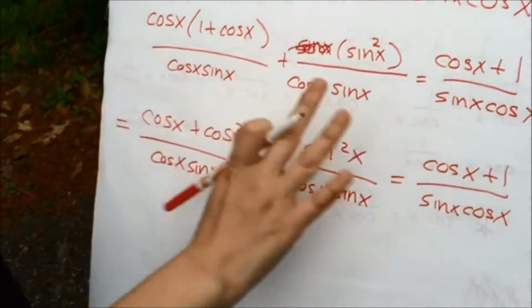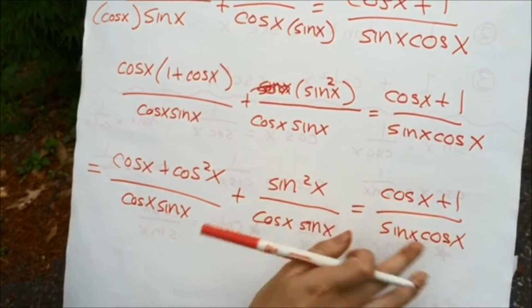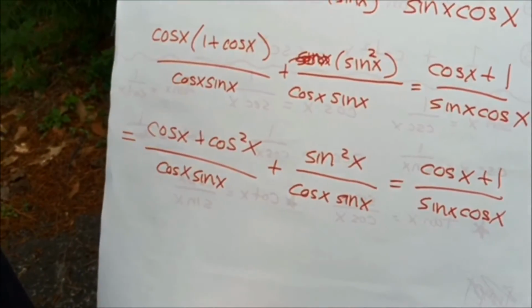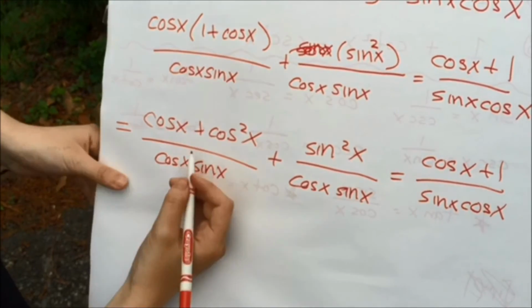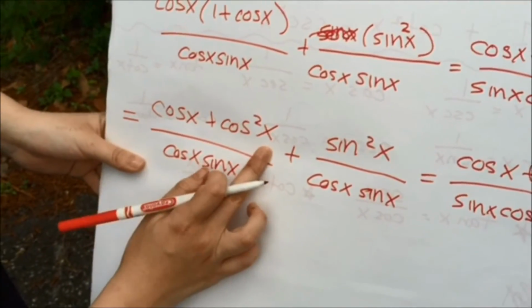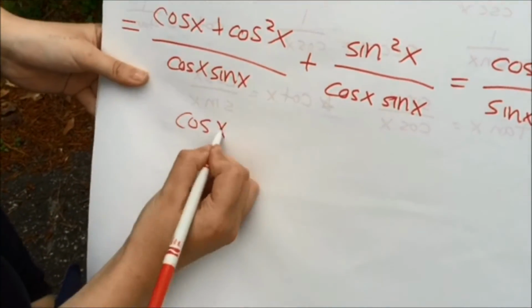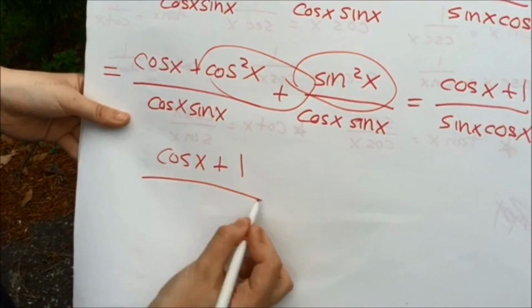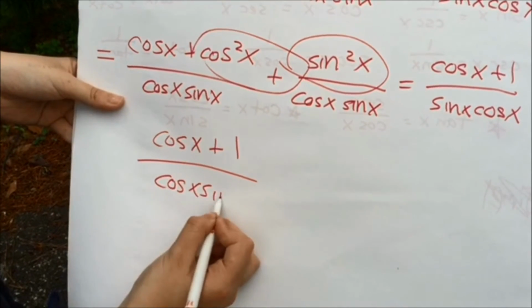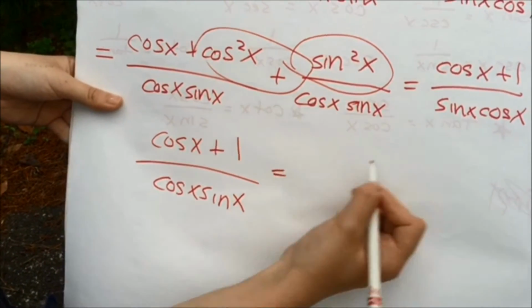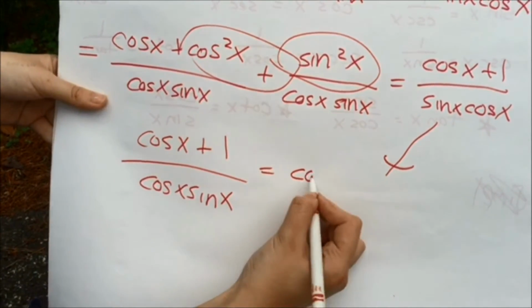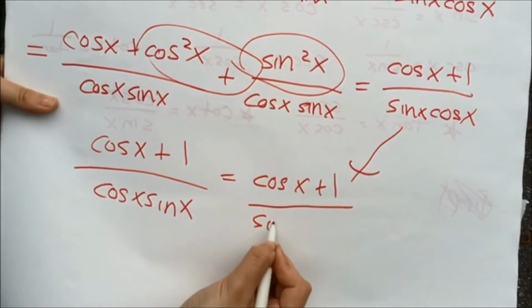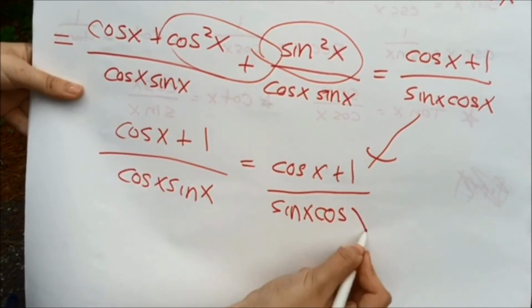It's good to write down everything, so you always equal it to the given. And then you basically add, so cosine x plus 1, because these two equal 1 over cosine x sine x, and you put down the given, so it's cosine x over sine x cosine x.